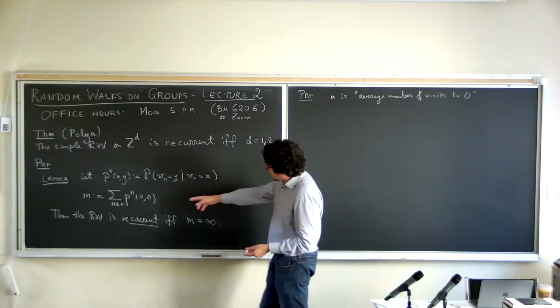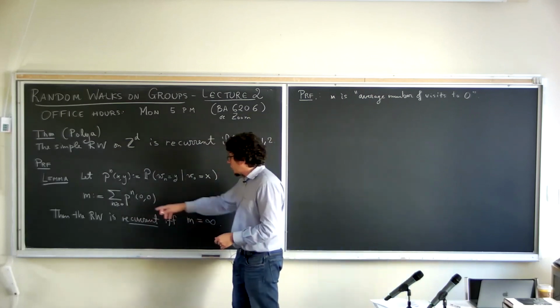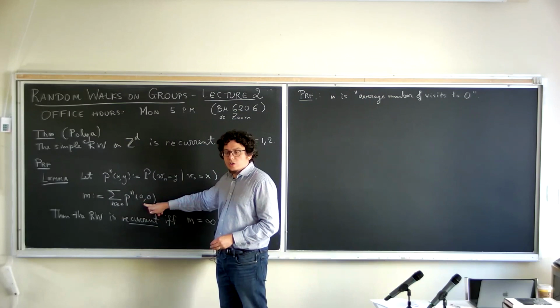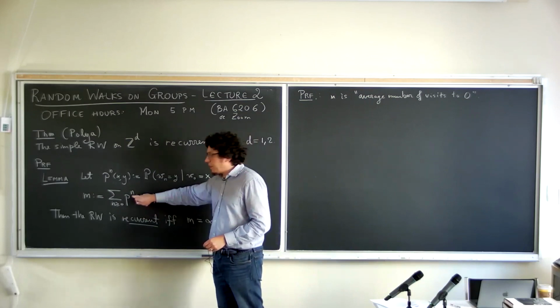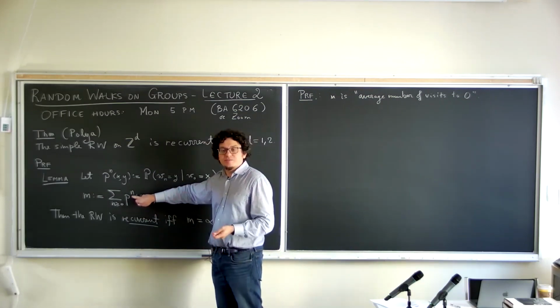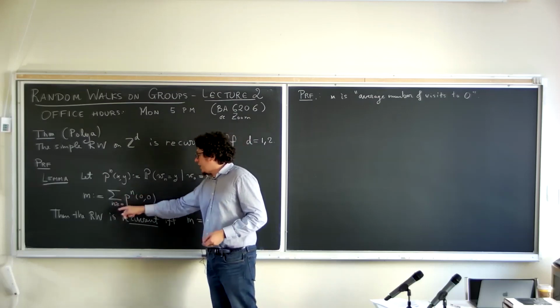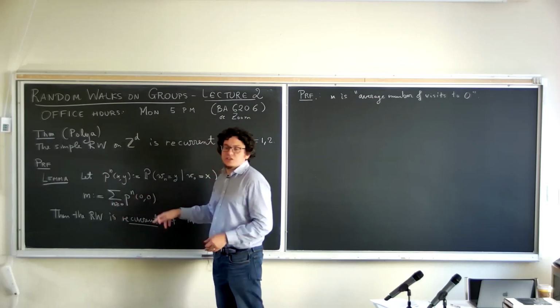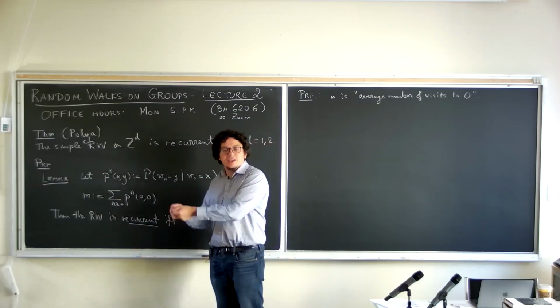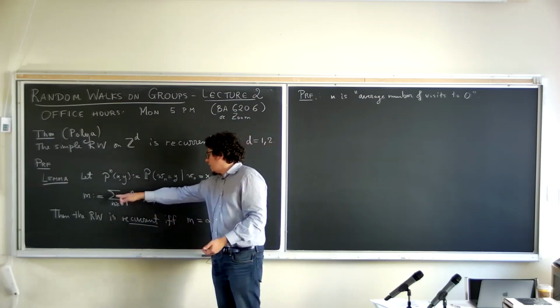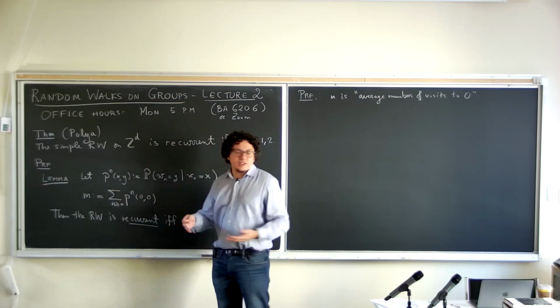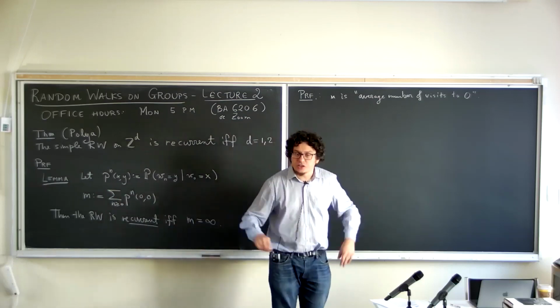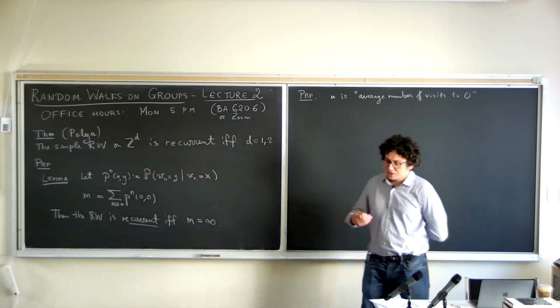Well, what is p_n(0,0)? It is the probability that time n is one such visit. So for each k, p_k(0,0) is the probability that time k is a visit. And so you're taking the sum of all those, and this would be the expectation of the number of visits. So this is the intuition.